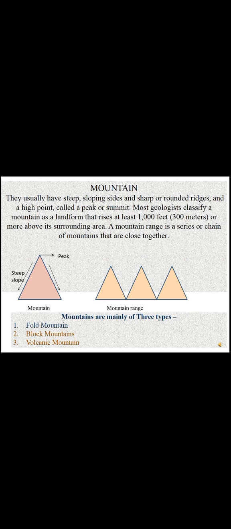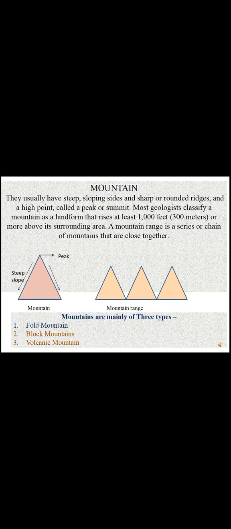Mountain is one of the examples of landforms. So what is a mountain? Mountains are prominent landforms that have significant height above the sea level or the surrounding land. A mountain is a landmass rising up to the summit level, having steep slopes, and the tip of the mountain is called the peak.